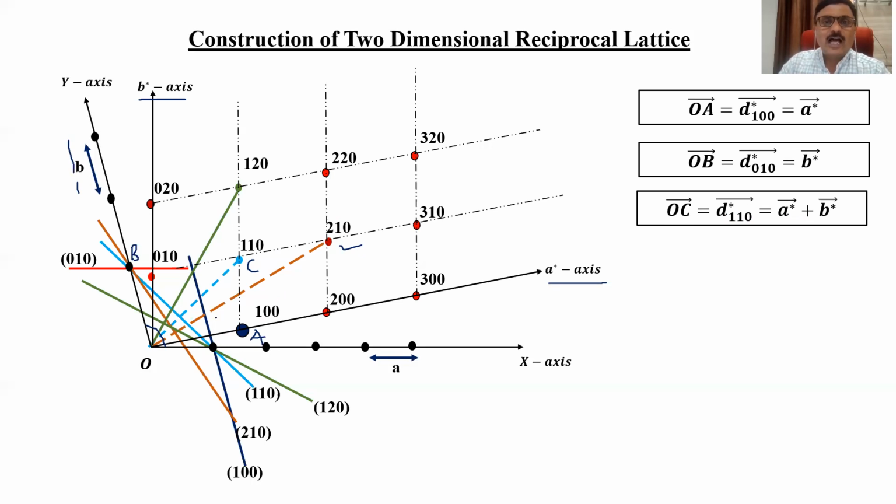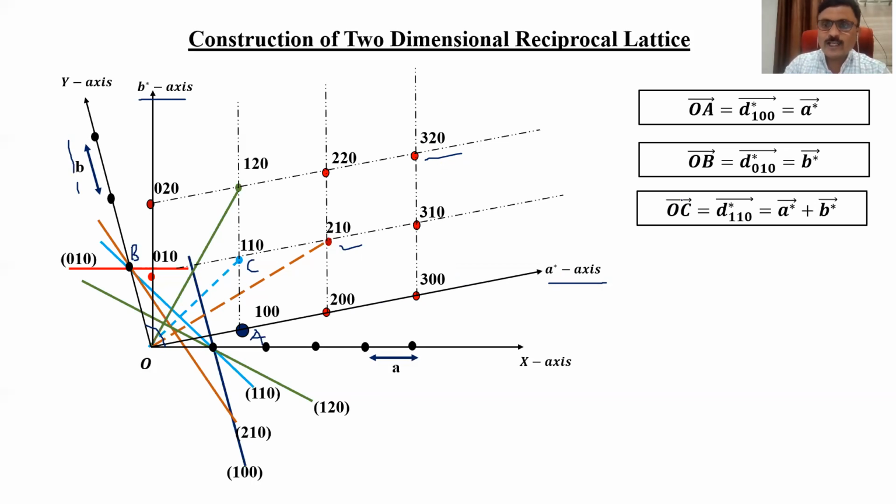This is very easy. How will you represent the reciprocal lattice vector corresponding to the reciprocal lattice point 3 2 0? It will be represented as vector d320 star equal to 3a star plus 2b star, because it is 3 units along the a star axis and 2 units along the b star axis.